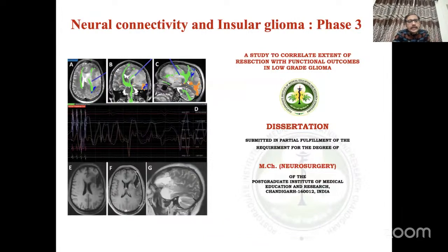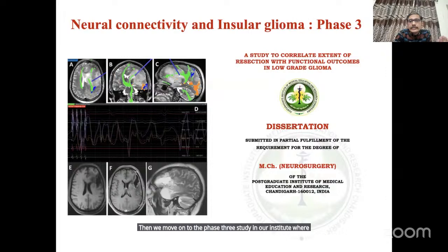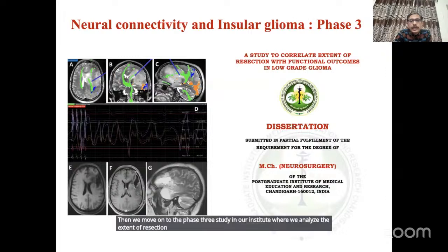After understanding the functional activities of these tracts and their connection, we moved on to the phase 3 study in our institute, where we analyze the extent of resection of insular glioma and the functional deficit. Because in many of the cases, Dr. Abhida has already shown that some of the tracts are displaced, but some of the tracts are infiltrated.